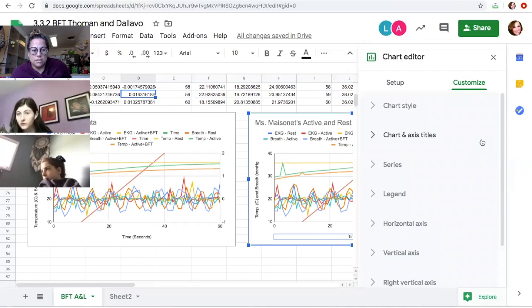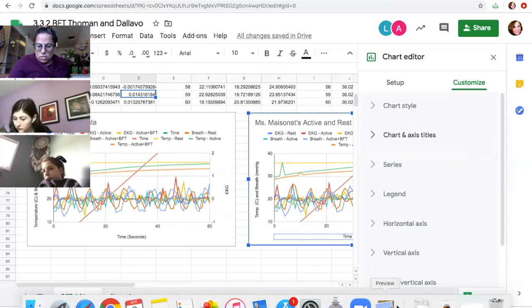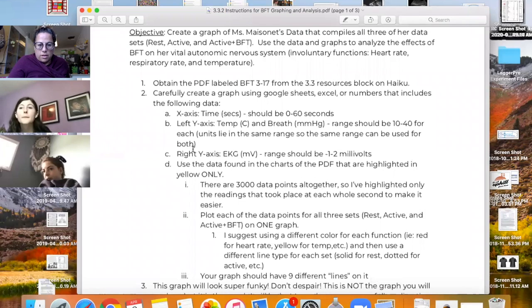And your units are millivolts. I'll go back to the instructions so you can see that, but it's right here at 2C. MV. Little m big V, yeah.